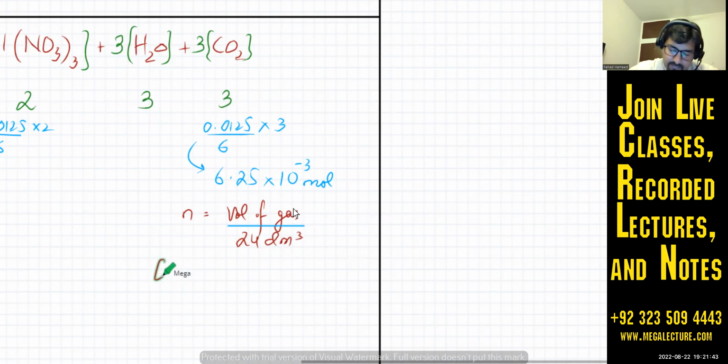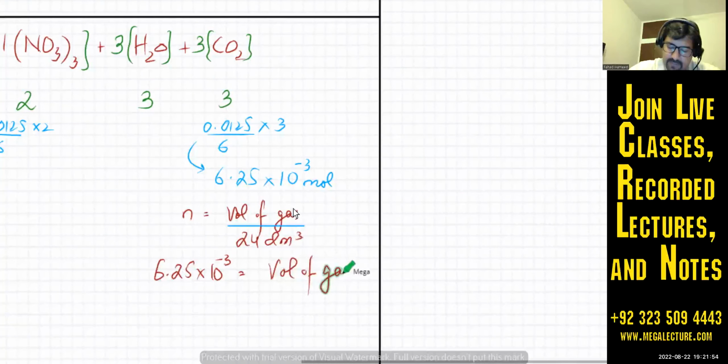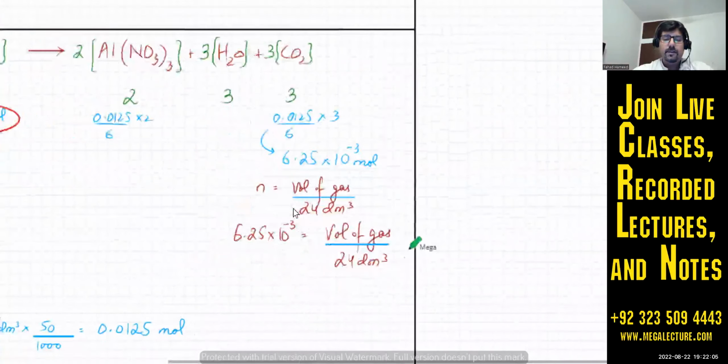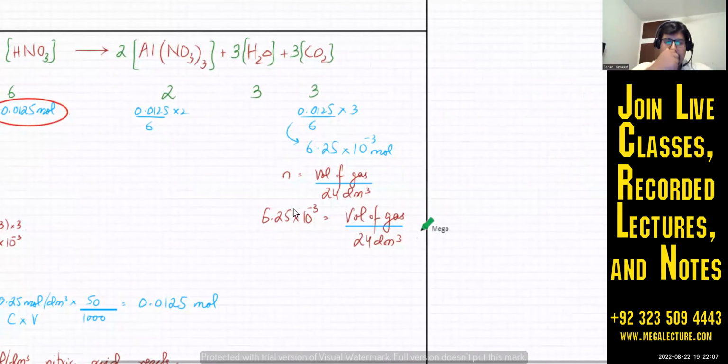The volume of gas is what we have to find out, and below that, it's 24 dm cube. So can you tell me what the volume of gas is in this case?